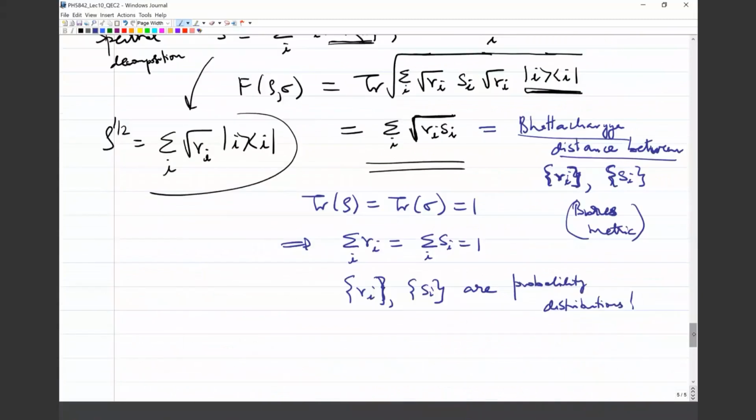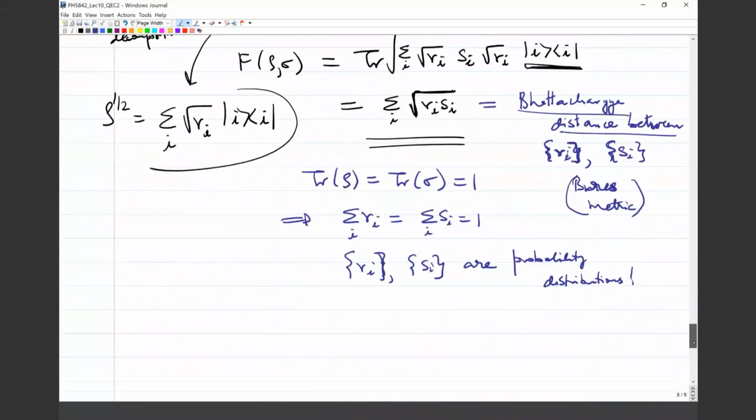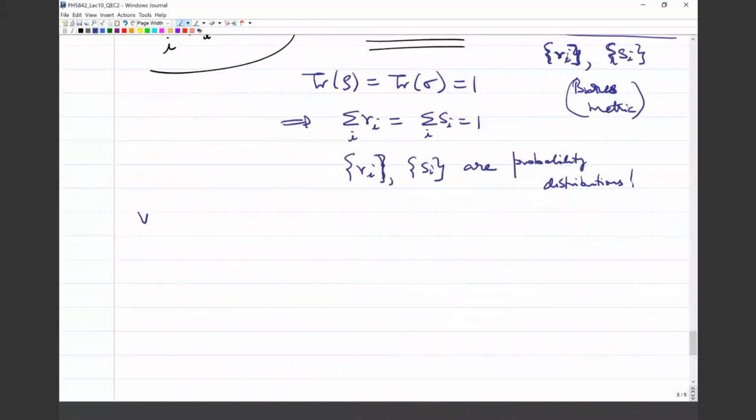So the last point that I want to mention with respect to fidelity, and this I will not prove, this will be homework for you, is a question that somebody should have asked me, but nobody asked me. The way this measure is defined, I've said F of rho, sigma is trace square root rho to the half sigma rho to the half.